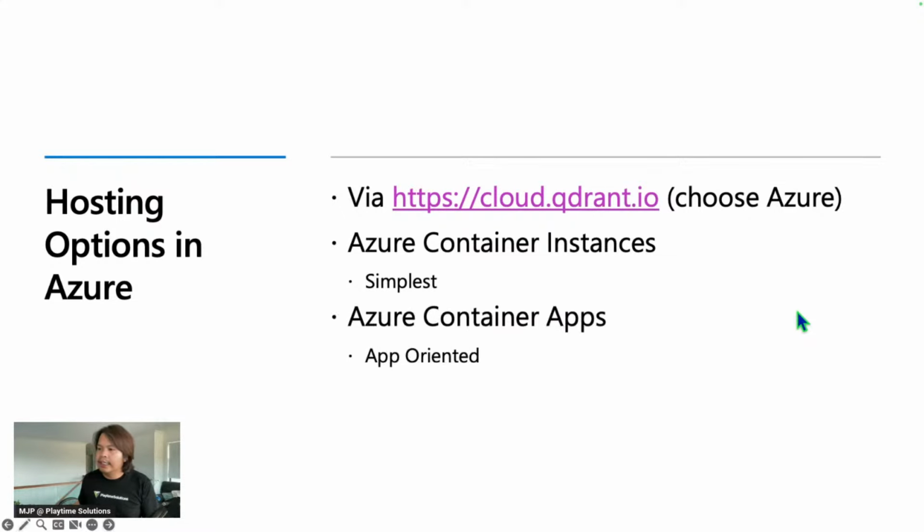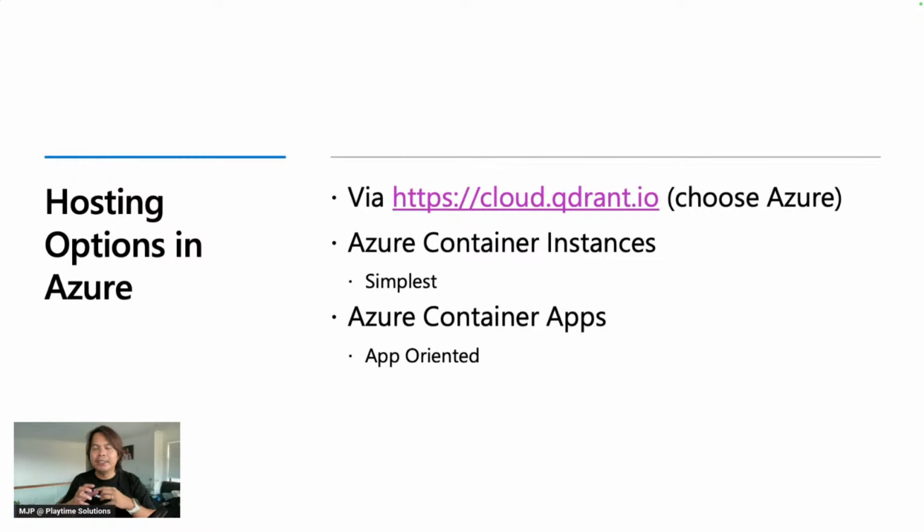Then the next option is Azure Container Apps. For those who don't know, Azure Container Apps is kind of like a managed Kubernetes, but without the whole drama of maintaining Kubernetes. So it's not as simple as running a single container instance like Azure Container Instances, but it's not as complex as running the whole AKS or Kubernetes cluster.